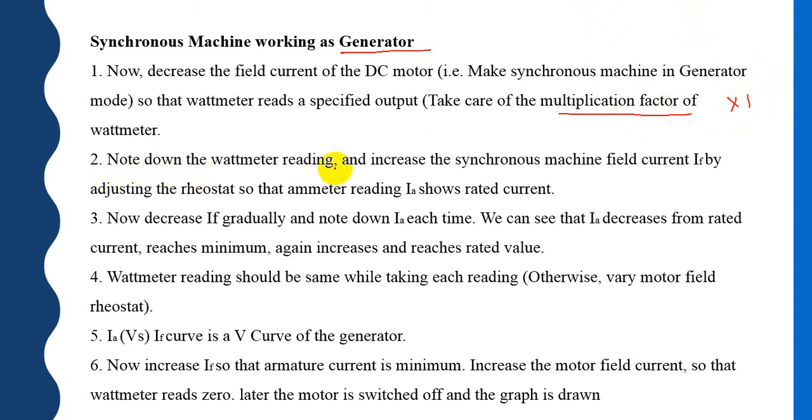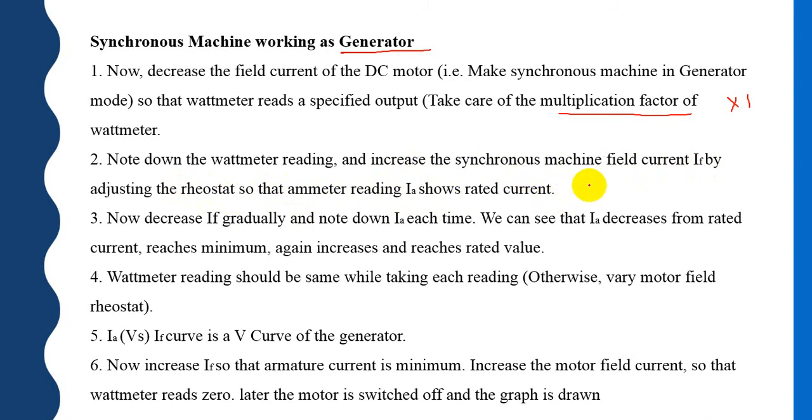Then note down the wattmeter, voltmeter and ammeter readings as per the recording tabular column, and increase the synchronous machine field current IF by adjusting the rheostat so that the ammeter reading IA shows the rated current.